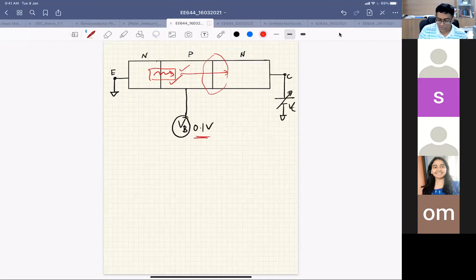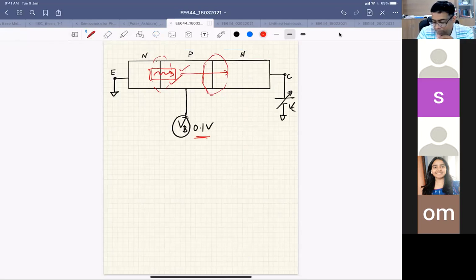As you forward bias this emitter-base junction more and more, you will see the breakdown voltage reduce, because you are already injecting some electrons, and these electrons can gain energy and start impact ionization. These electrons act as a precursor to the impact ionization process.